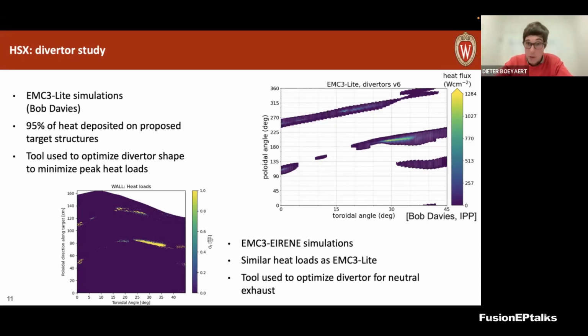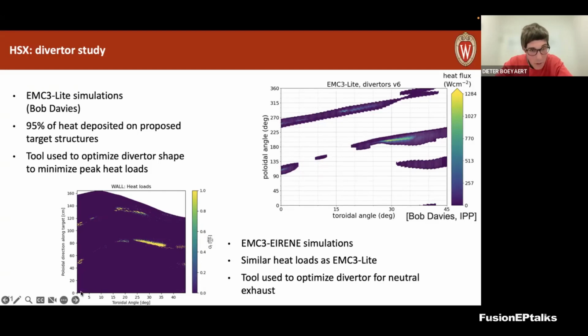The same is true for the EMC3-EIRENE simulations. They are mainly meant to optimize in a later stage, not only for optimal heat exhaust but also for the neutral exhaust. Therefore a simulation is made in which you can see the entire vessel wall. This is still a simulation without a divertor structure included, and here we go all the way around.